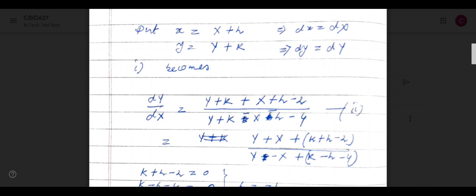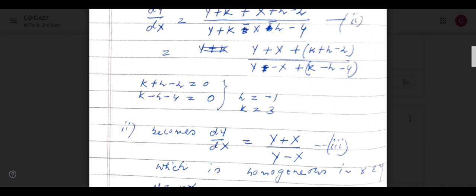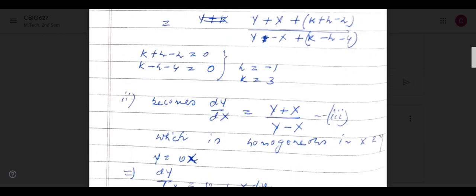That way I have substituted in the numerator a x plus b y plus c and in the denominator a dash x plus b dash y plus c dash. So did you understand how we are getting equation 1 to equation 2? Can you please see that file?